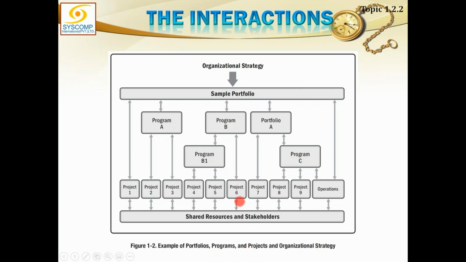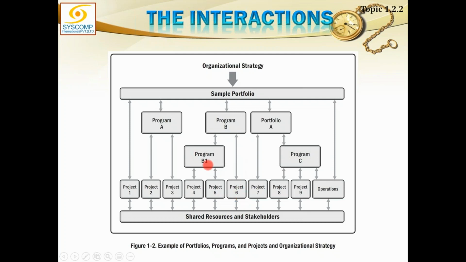And then there is yet another project, project 6, which is not part of sub-program B1, and it is answerable directly to program B. Meaning what? The strategic objectives of program B are fulfilled by giving out a major part of its strategy to sub-program B1 and a small part to one of the projects, which is to deliver something.